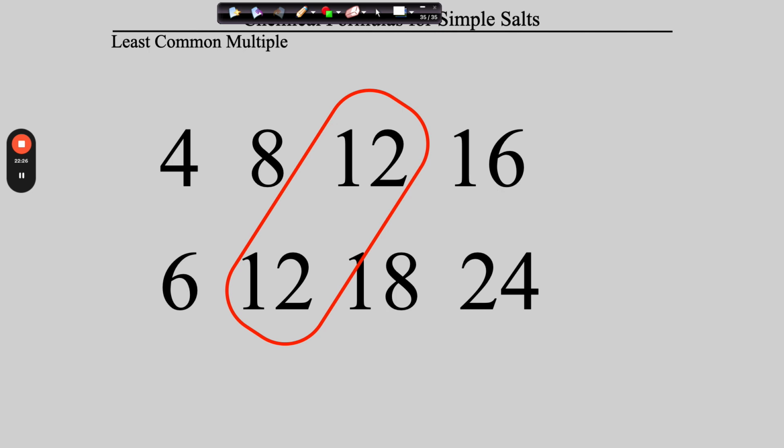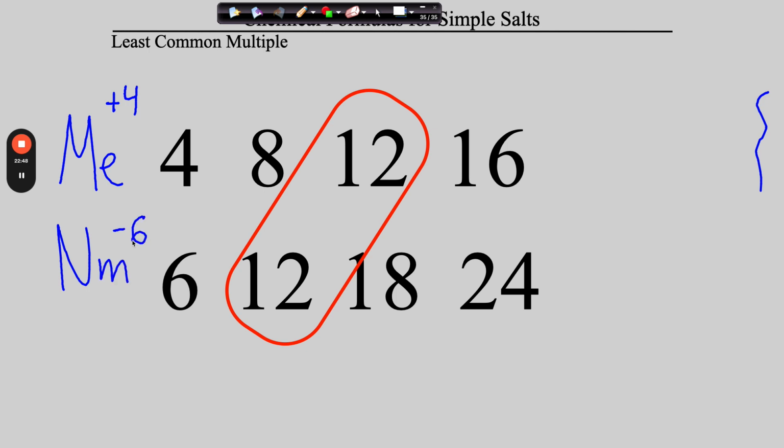Now guys, the question is this: why on earth do we care about that? Well guys, imagine this. Imagine if we had a metal and that metal had a charge of +4. And then imagine that we have a non-metal and that non-metal had a charge of -6. Now remember that when we write these formulas, the positive charge and the negative charge have got to balance.